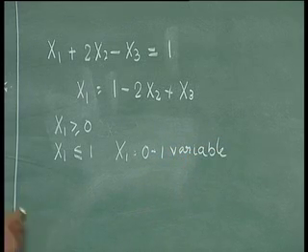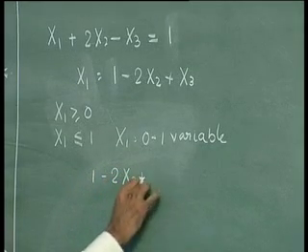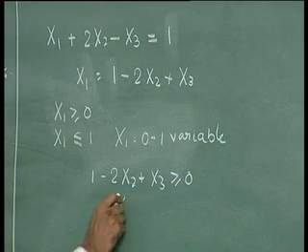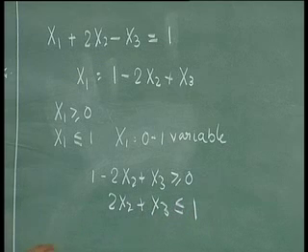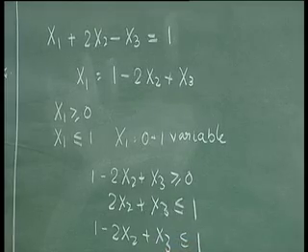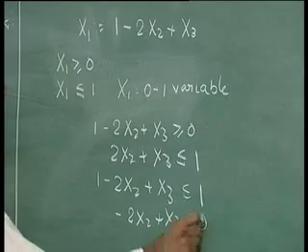Now, x1 greater than or equal to 0 would give you 1 minus 2x2 plus x3 greater than or equal to 0. So, 2x2 minus x3 less than or equal to 1, and 1 minus 2x2 plus x3 less than or equal to 1 would give us minus 2x2 plus x3 less than or equal to 0.